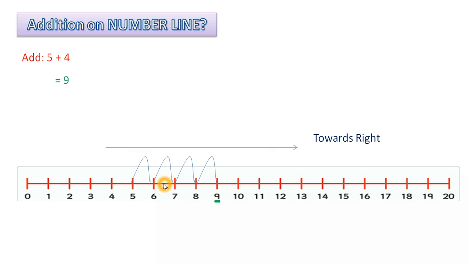So first you see to which number you want to add. 5 is the number to which I want to add 4, so locate 5. Now how much do you want to add? 4. 1 is equivalent to 1 jump, so 4 is equivalent to 4 jumps. We make 4 jumps, and we arrive at 9. That shows that 5 plus 4 gives 9.